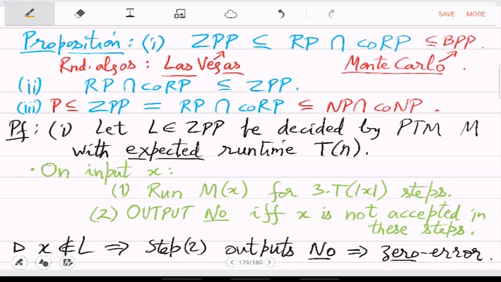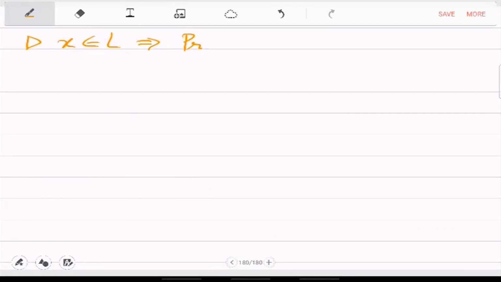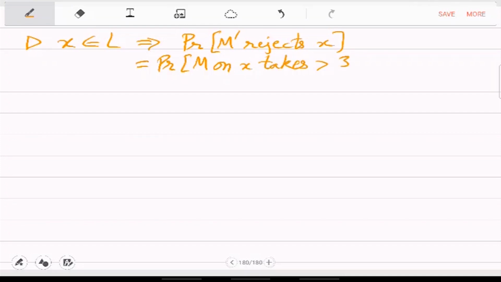So let me name this actually M prime. So the probability that M prime on X, this new algorithm, rejects X, this probability is the same as the probability that M on X takes greater than 3 times T of X time, which is less than or equal to 1/3 by the definition of expectation.